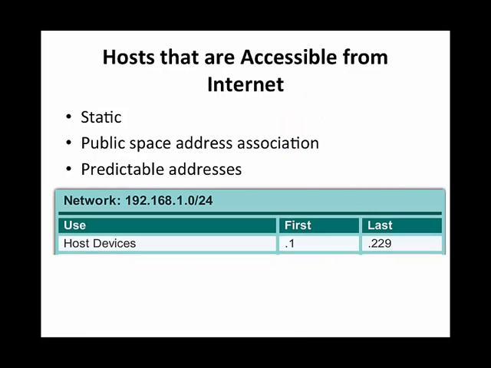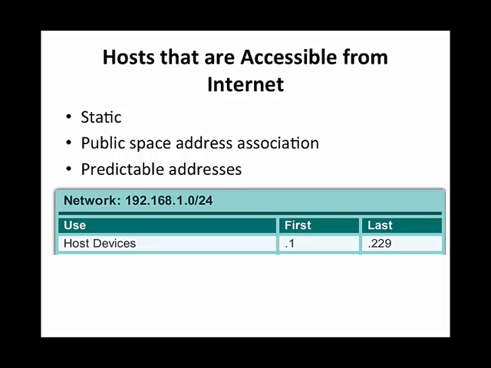Then we have the hosts that are accessible from the internet. These are the most tricky ones. First of all, there are not plenty of them on a network, but the main concern with these hosts is that they have a public address associated with a private space. So they have this public address that has internet access, but also has communication to the private network.